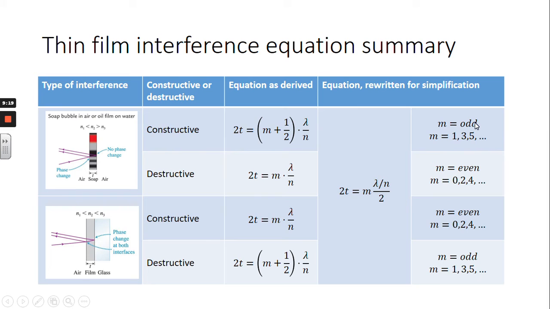When m is odd, you get constructive interference, and when m is even, you get destructive interference. And then it's the reverse for something like our windshield, where we're always going into an increasing index of refraction. Even m gives you constructive interference, odd m gives you destructive interference.